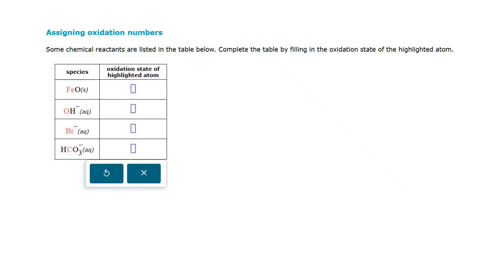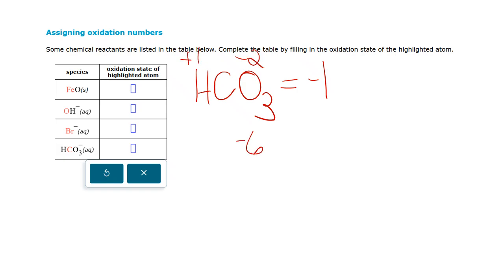The last one on this example is probably the best one. So if we set it up algebraically, we know that HCO3 equals a -1. If oxygen's a -2, it's at a -6. If hydrogen's a +1, it's at a +1. And all that is equal to a -1.